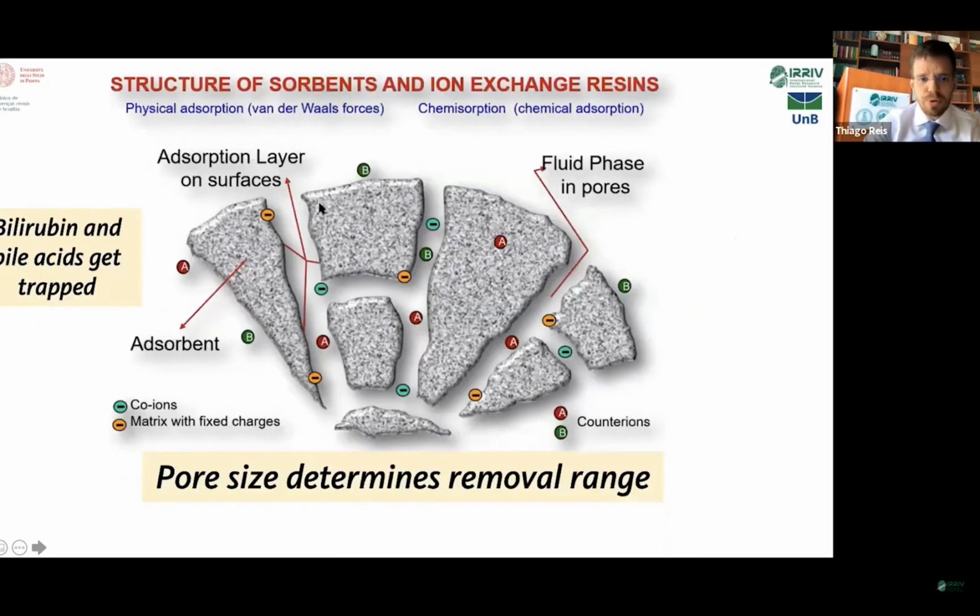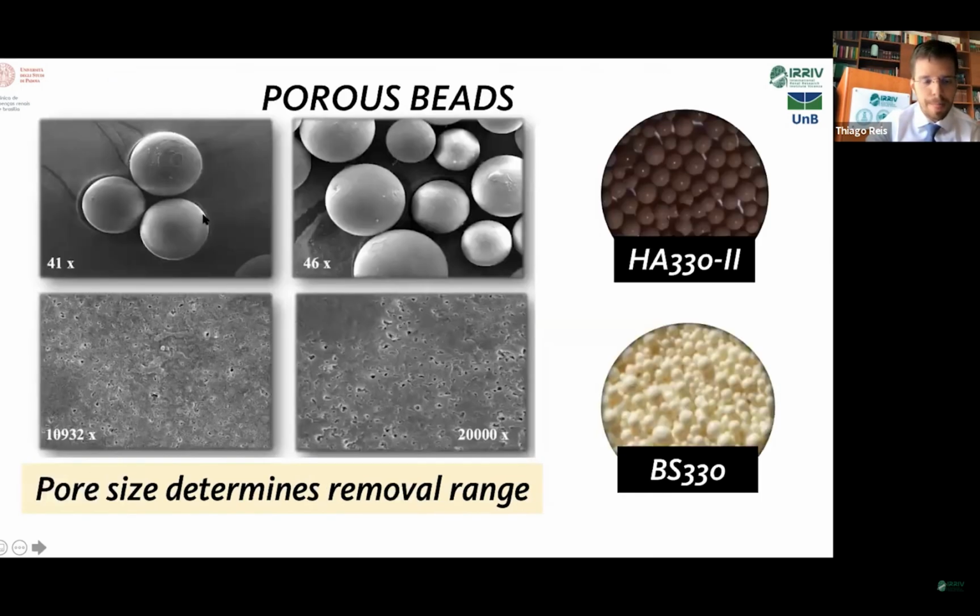This is the representation of the beads, which are porous beads, and inside those pores we have the phenomenon of adsorption. Bilirubins and biliary acids get trapped, and the pore size determines the selective range of each of those different cartridges. So the pore size here is of paramount importance.